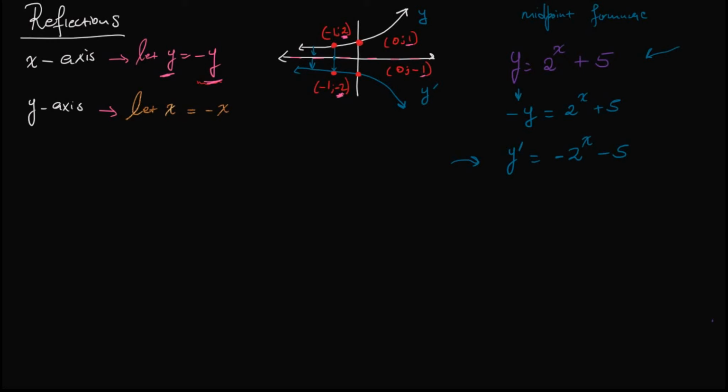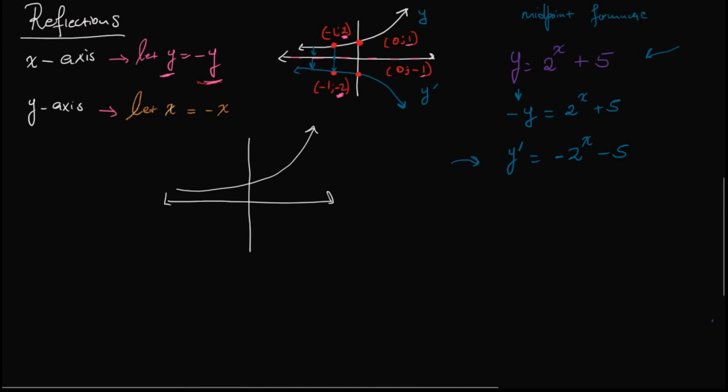Now we want to look at the reflection about the y-axis. Say we have a function looking like that. But then the reflection about the y-axis is pretty simple.